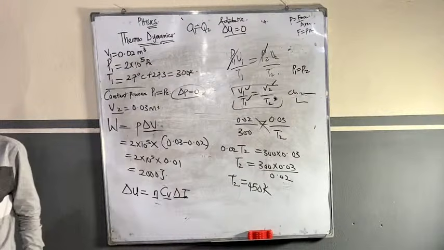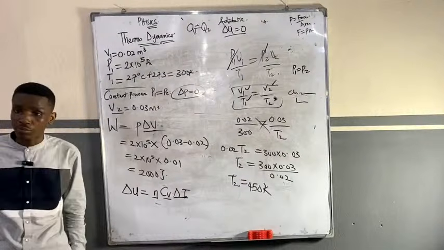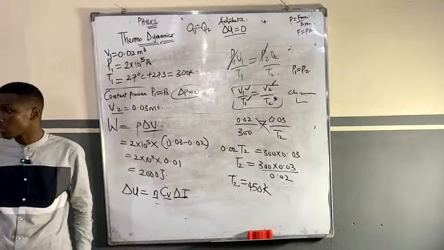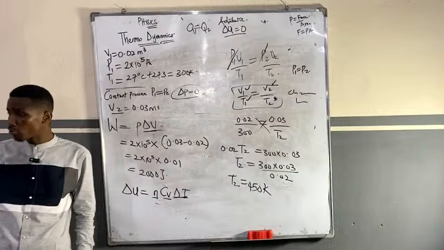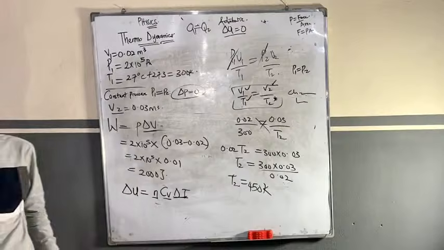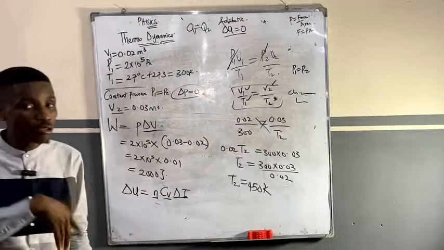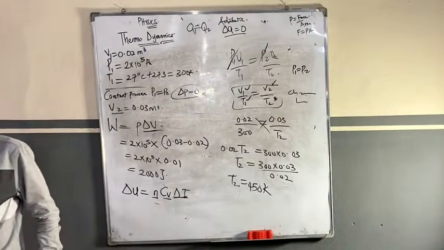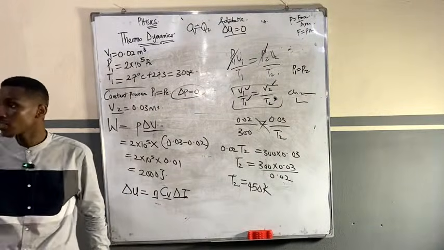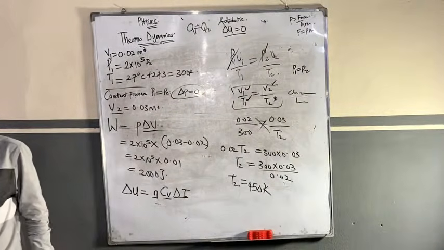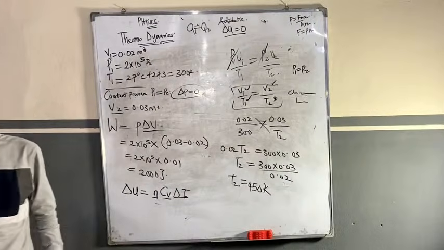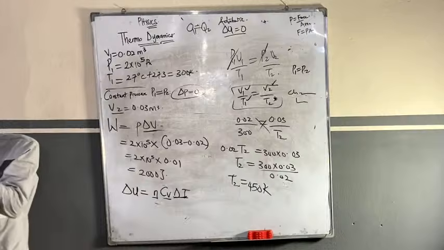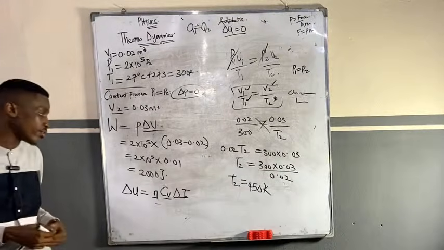In chemistry, we don't do kilograms. We use more of grams because they are usually in very minute quantities. If you change to kilogram, we will be having 0.0000 values. It doesn't make gram the SI unit. In physics, when we are calculating standard formulas, especially in mechanics, you use kilogram. But whenever you deal with number of moles, or something to do with gas laws to some extent, you can use grams.